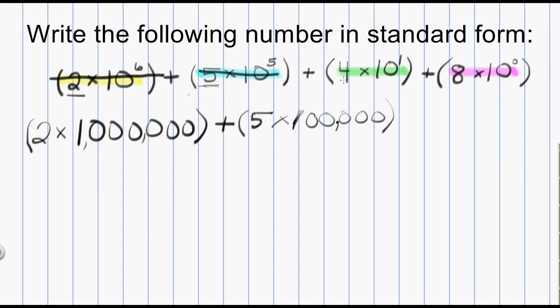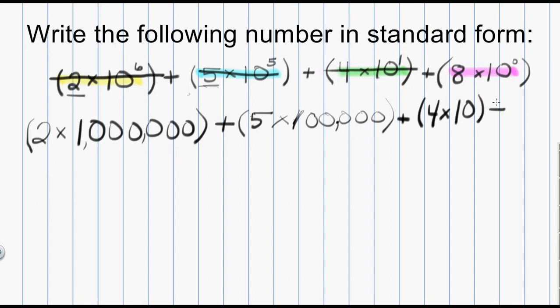On my next expression, I'll bring down the 4 in the left parentheses. Bring down my multiplication symbol. And then 10 to the 1st power will be a 1 followed by 1 zero. So 4 times 10.